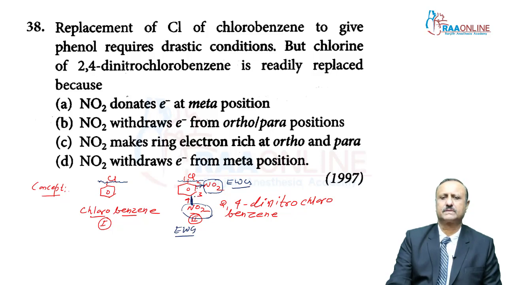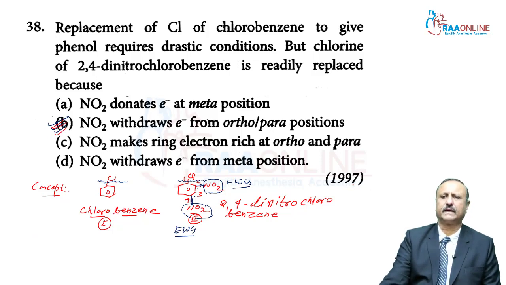So, my dear students, the negative charge or electrons do not go to the chlorine atom, due to the withdrawal by the NO2 group. My dear students, chlorine is easily replaceable, or you can say that 2,4-dinitrochlorobenzene is readily replaced. So, my dear students, the answer is B. B is the correct answer of this question.